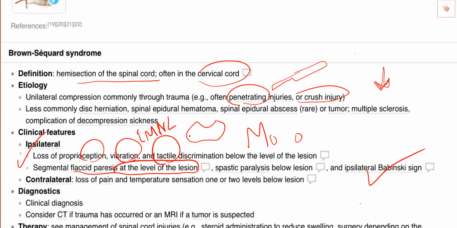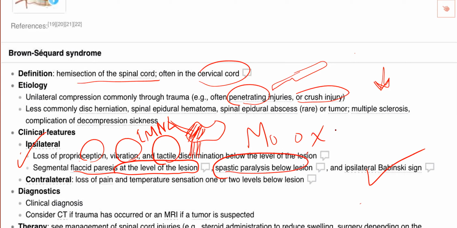But below this level, you will have upper motor neuron lesion, so the inhibitory effect will be absent below the lesion.